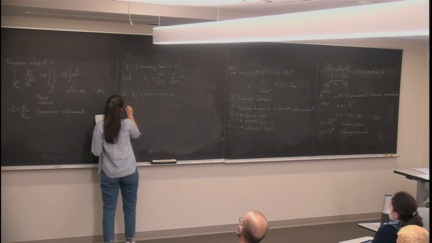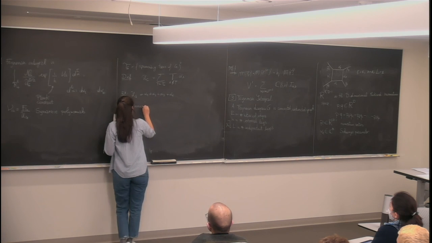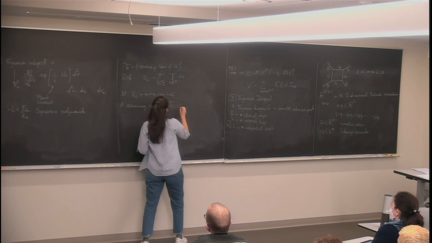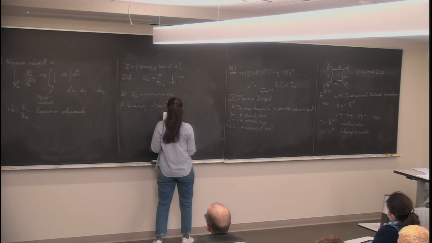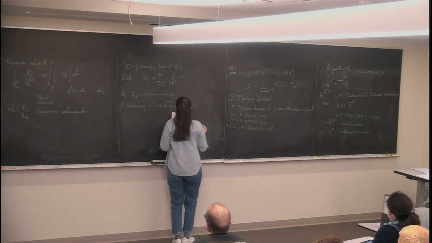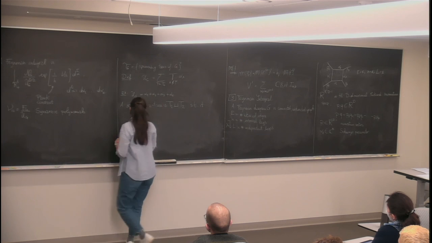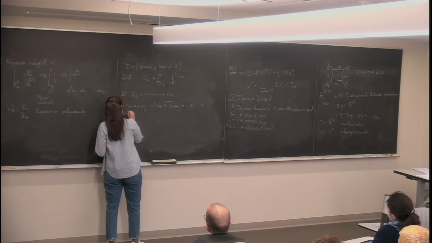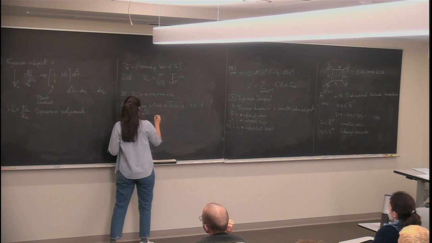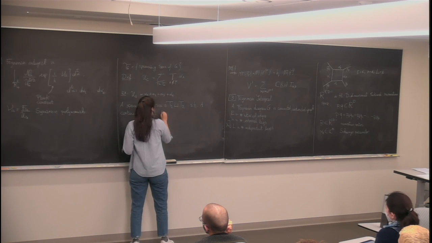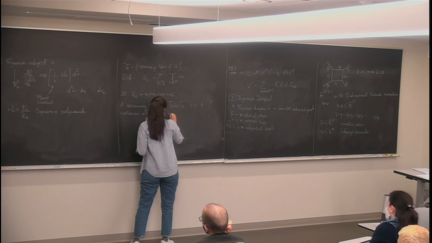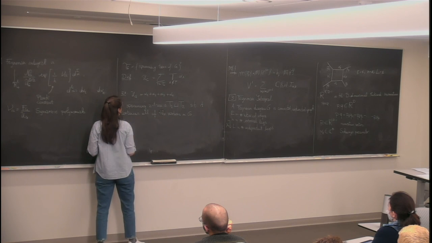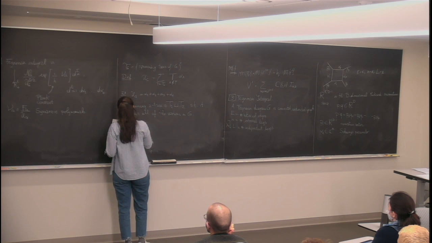So first we define a spanning 2-forest, and this is the union of two disjoint trees, T1 and T2, such that it contains all of the vertices in G.